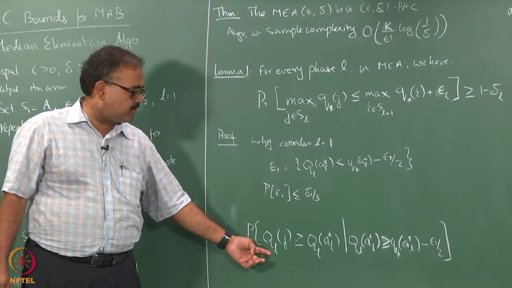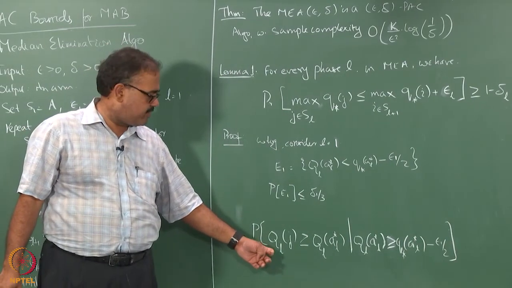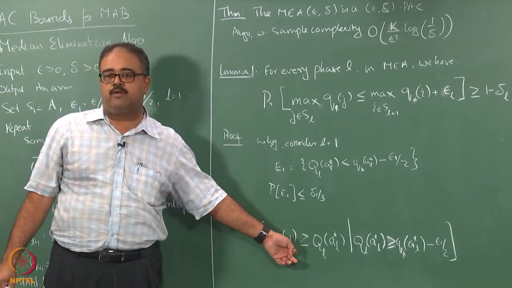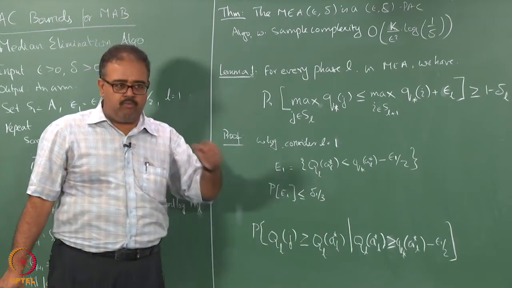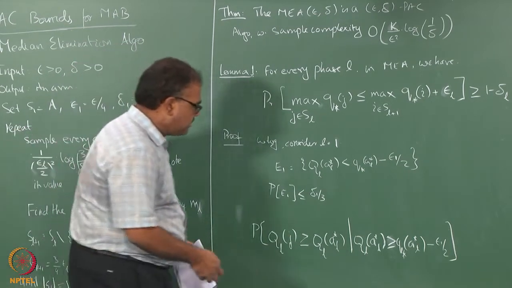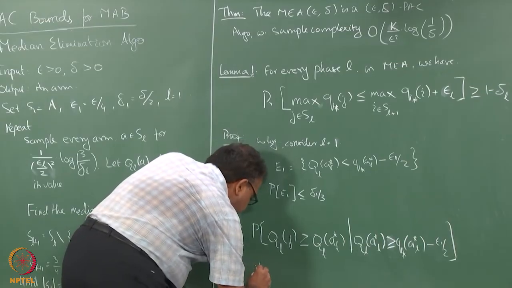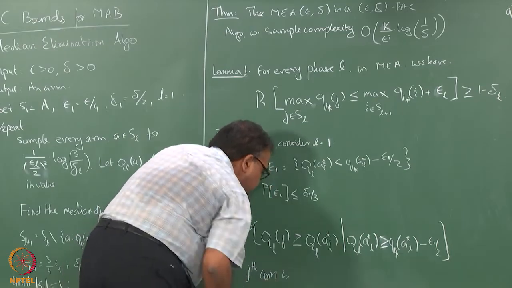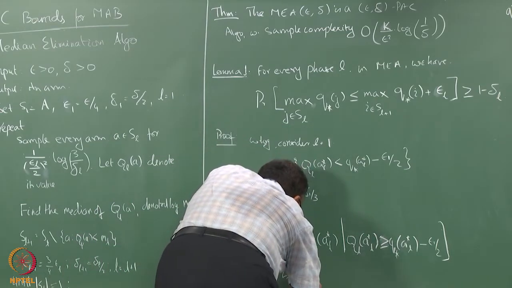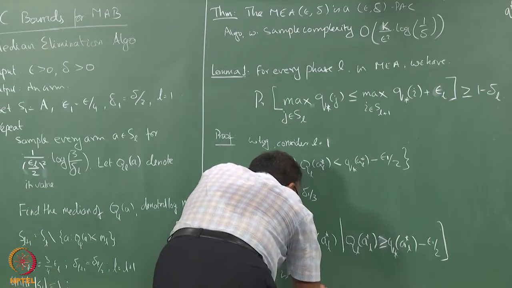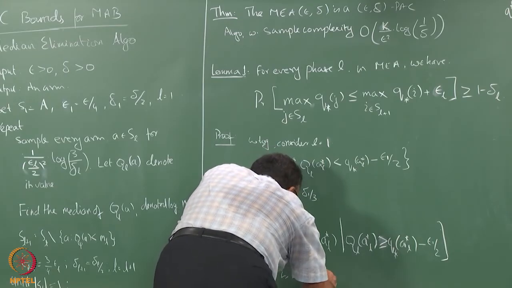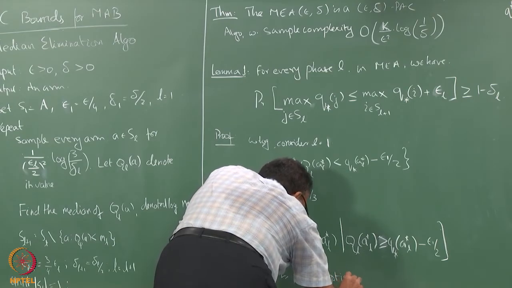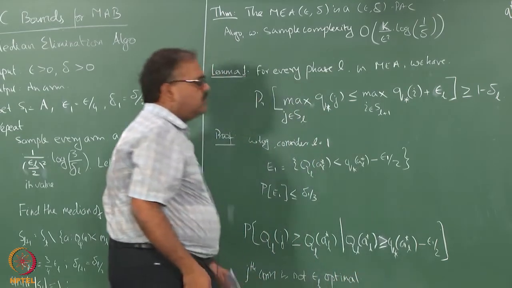But then I am looking at the possibility that some jth arm which is not epsilon 1 optimal, right. So that is a condition. It should be conditioned on L minus 1. No, on L.